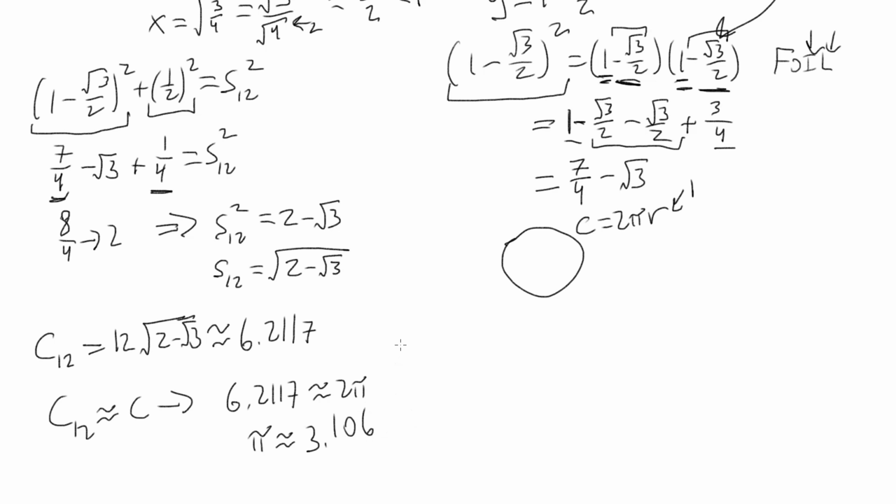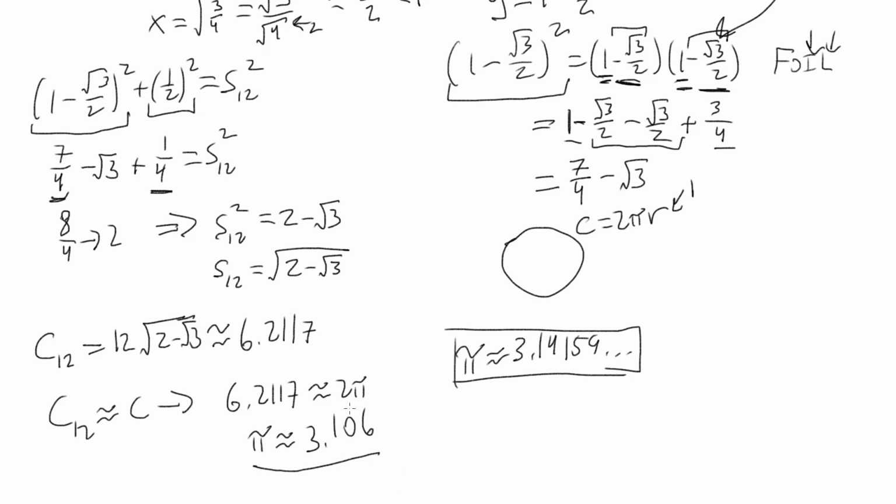3.106, which is closer than the 3 that we got before, because remember pi is about 3.14159, and so on and so on, as the actual value. But here we've got two decimal places after the decimal point of accuracy.